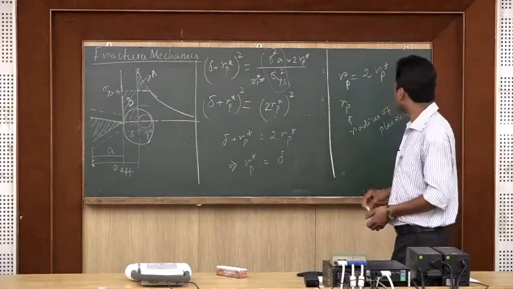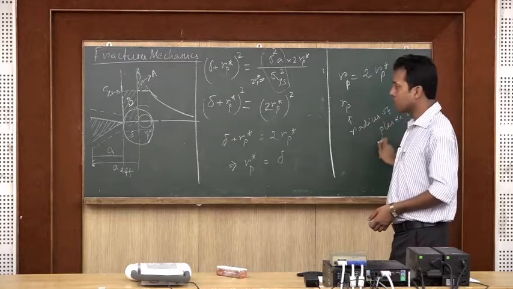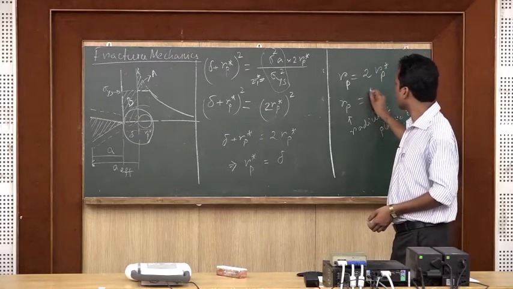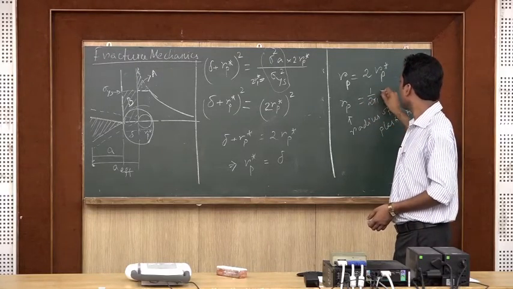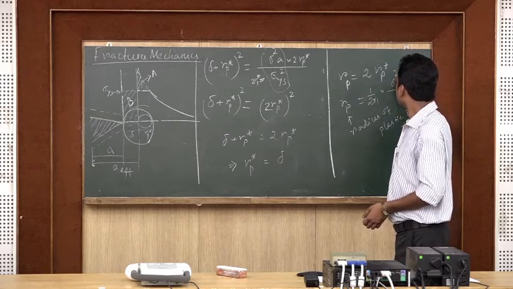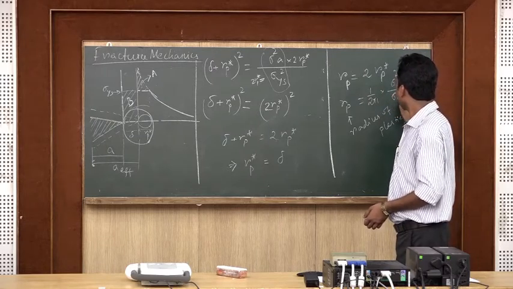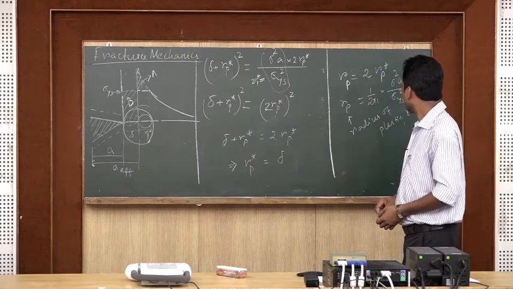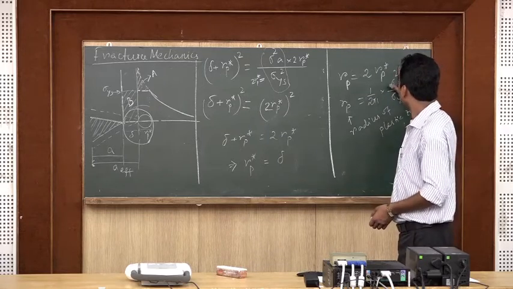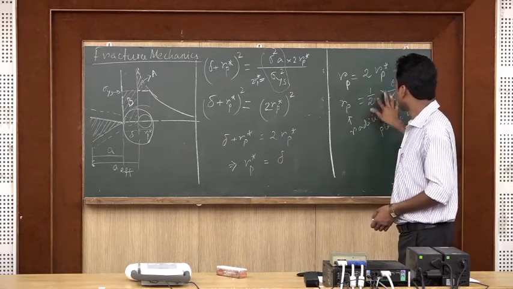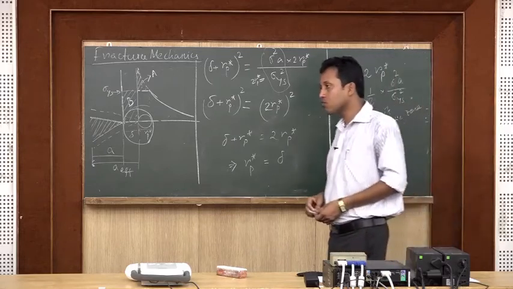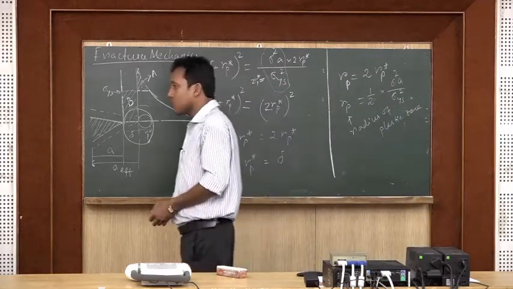The rest of the equation is the same: 1 by 2, sigma square into a by sigma ys square, removing the pi.